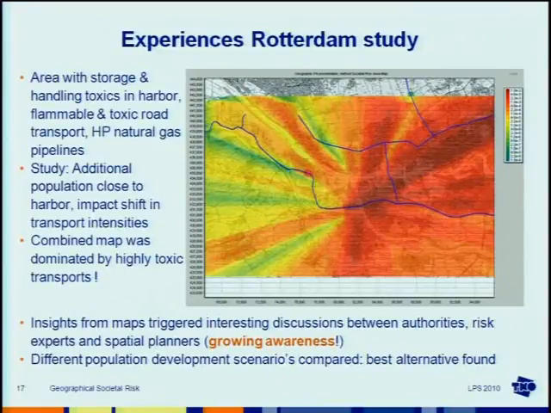Do we increase the risk considerably? But it was very clear that very toxic transports here in the south were affecting a large area of the inhabited Rotterdam area. And the insights from this map triggered a lot of interesting discussions between authorities, risk experts, and spatial planners.